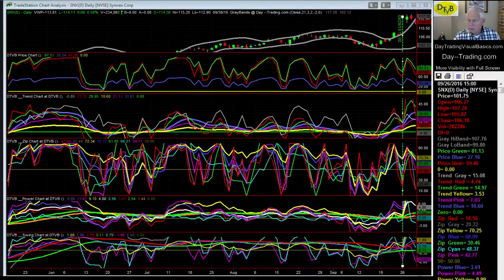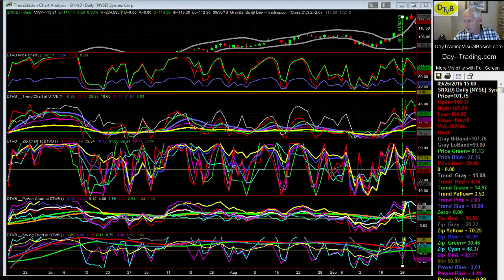In the trend chart, we have trend red that's down touched yellow. We have trend green and gray down touching the blue line, the blue trend line. And in the swing Zion, we have a low angle down touch the swing green, and the swing yellow down touches the swing red line as well in the swing chart.